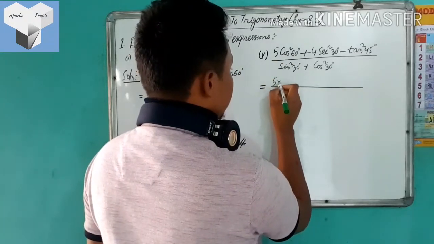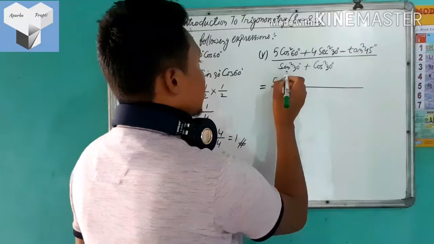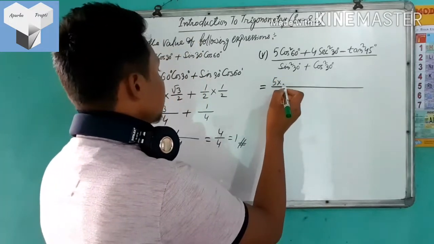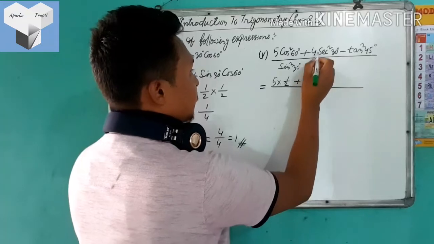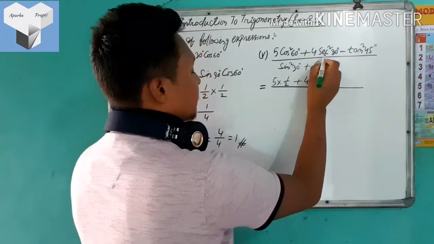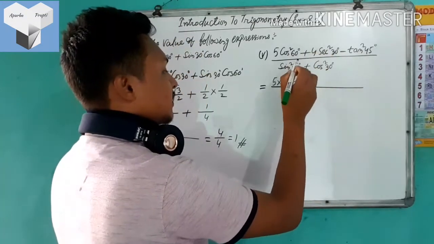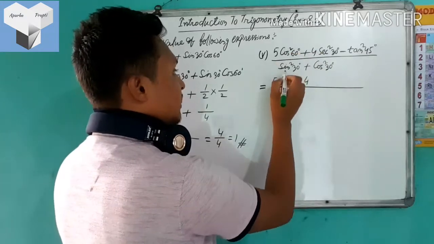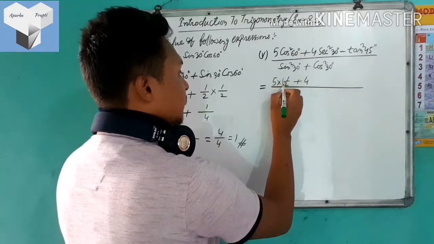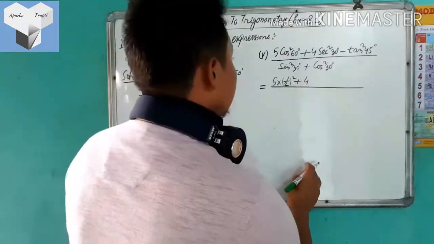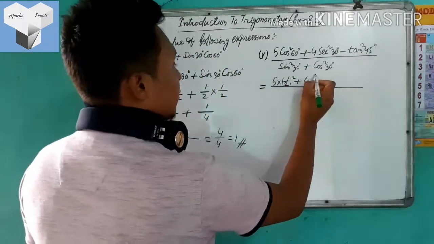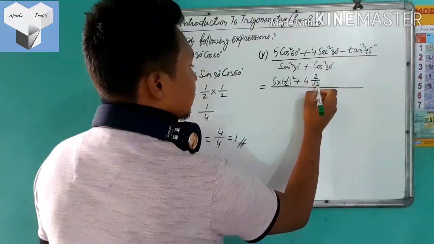So 5 into, okay, the value of cos 60 is half, plus will remain as plus, 4 is 4, the value of sec 30 degree, sorry guys, it is a square here, so we need to put the square. 4 will remain as 4, sec 30 is 2 by root 3.